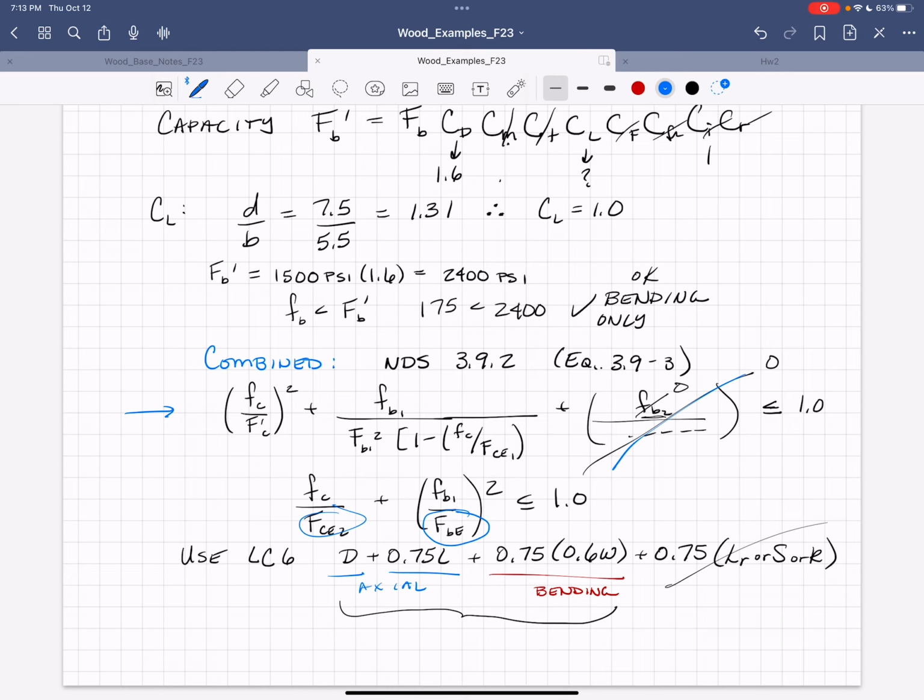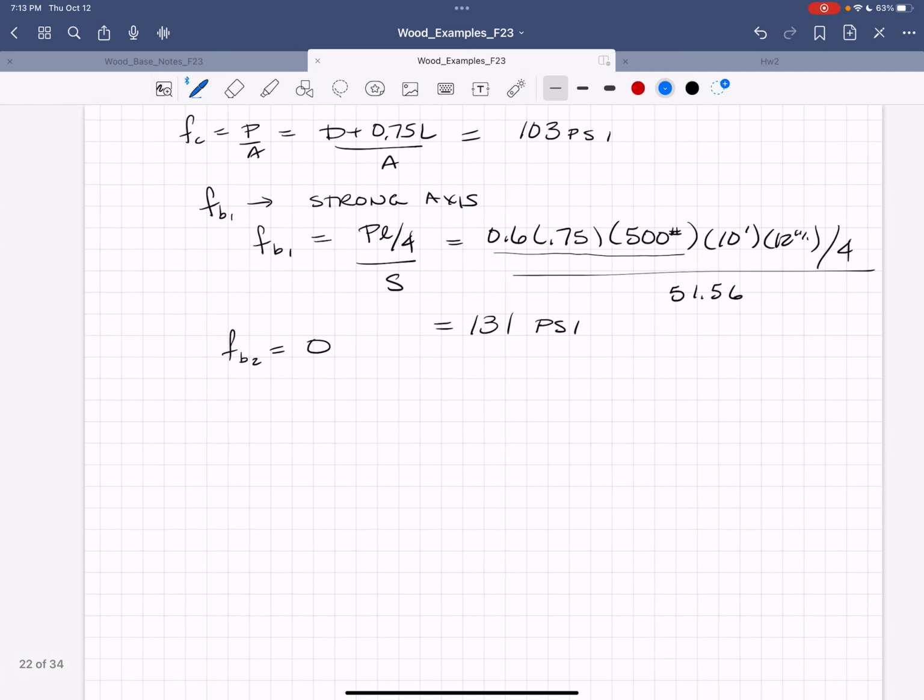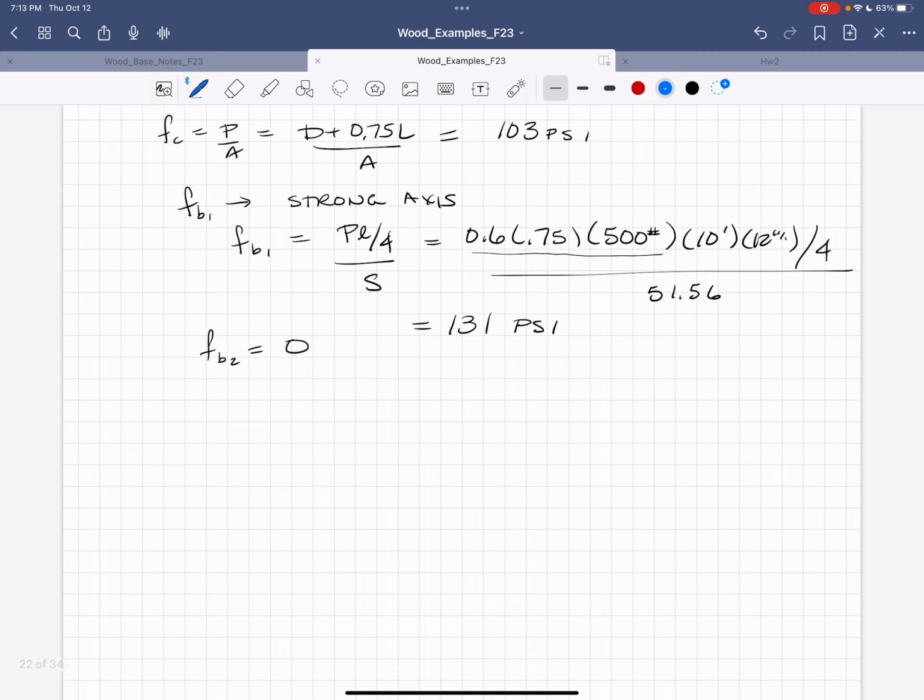So this equation is not going to come into play either. This equation number, if you want to look at it, is 3.9-4. So go take a look at that section just as a reminder, and it tells you what each of the terms are. Now we're ready to put this all together.